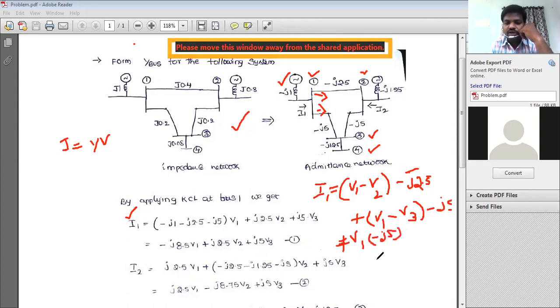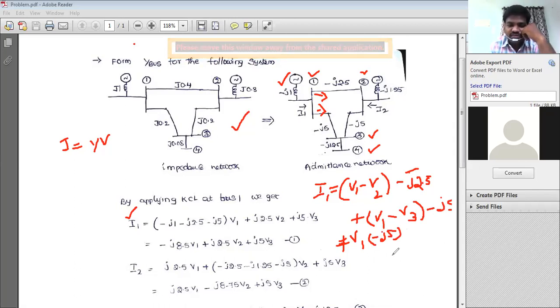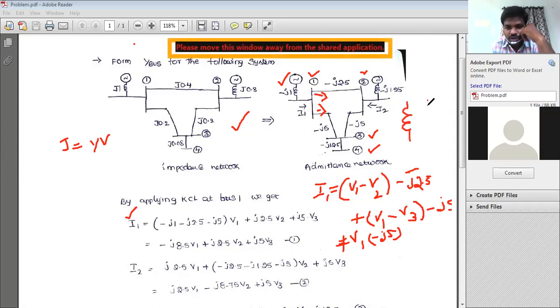Now you see here, I have written all the terms, the incoming currents and the outgoing currents. If you are getting some confusion, obviously you can replace this with the admittance connected in parallel with this.